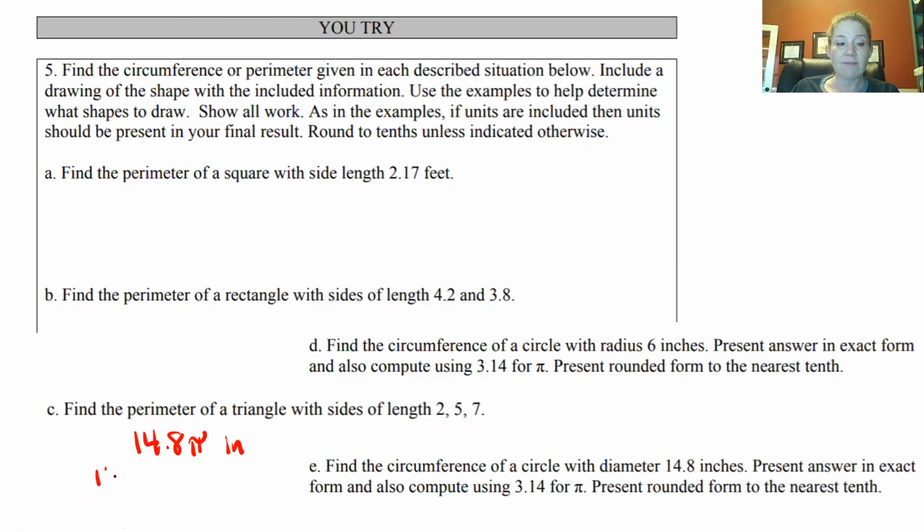And then the second answer is 14.8 times 3.14, and I got about 46.472, or it says to the 10th place, so really it would be 46.5 inches. That's the approximate answer.